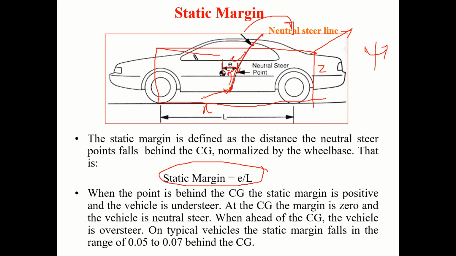You apply here lateral load, vehicle understeers. Here if you do, it will oversteer. At the center of gravity, the margin is 0 and the vehicle is neutral steer. Okay, when it is ahead of the center of gravity, the vehicle is oversteer. Okay, if it is beyond this, it is understeer. Here it is oversteer.